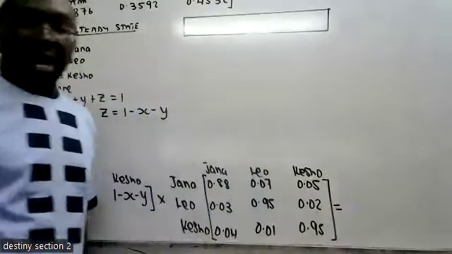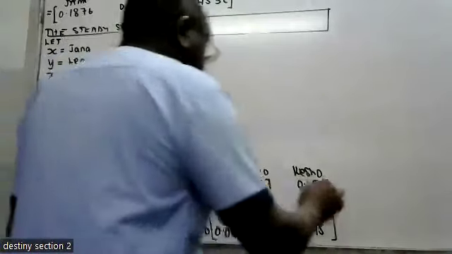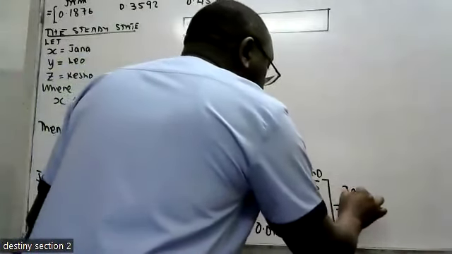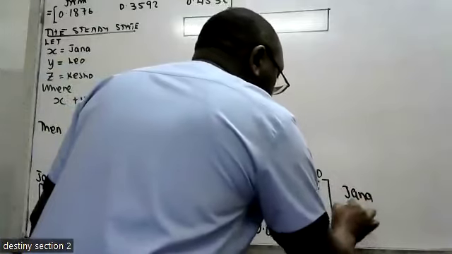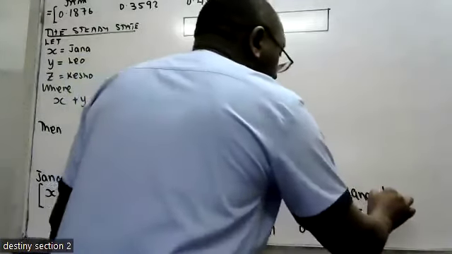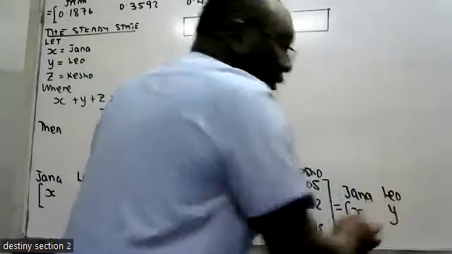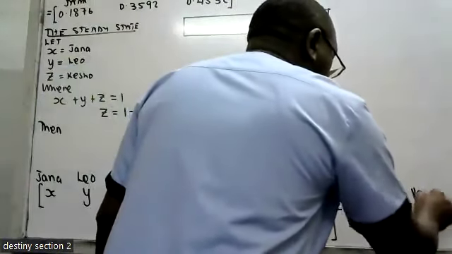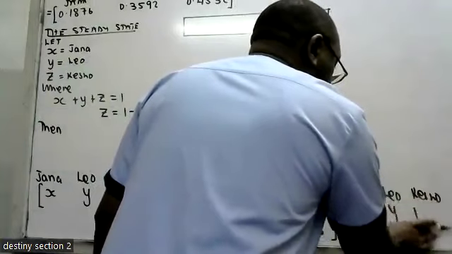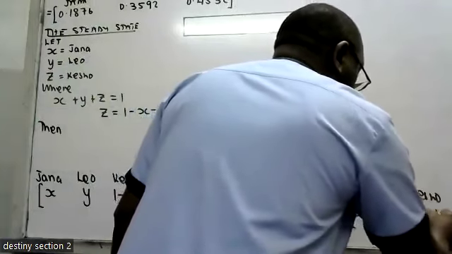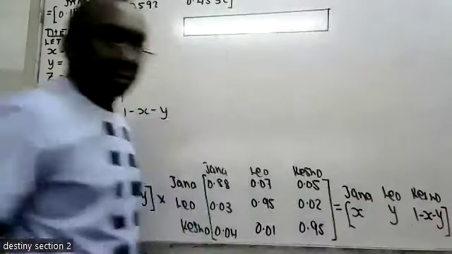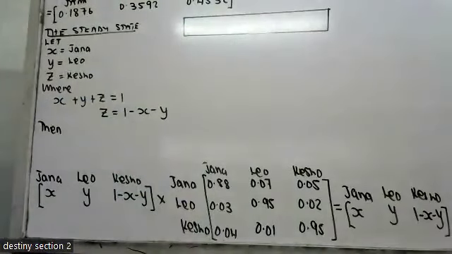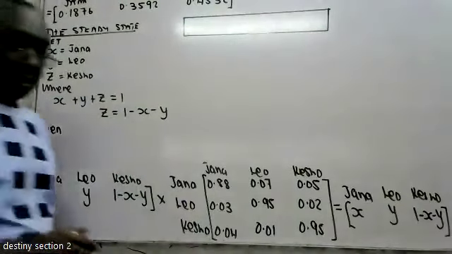Now, when you multiply, you should get the same answer for Jana here being equal to X, Leo being equal to Y, and Kesho being equal to 1 minus X minus Y. That way.